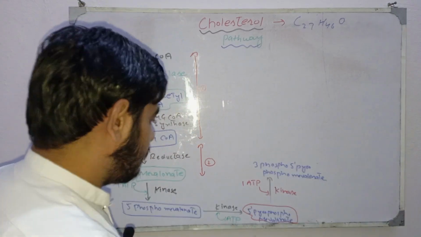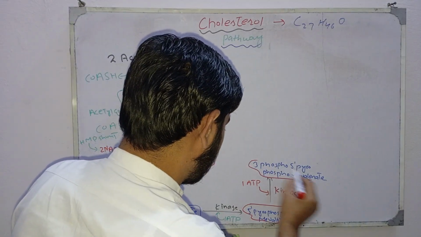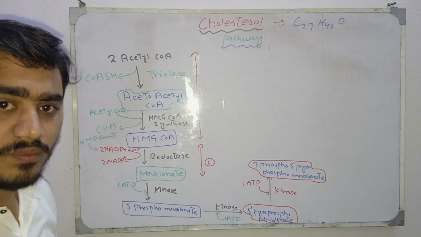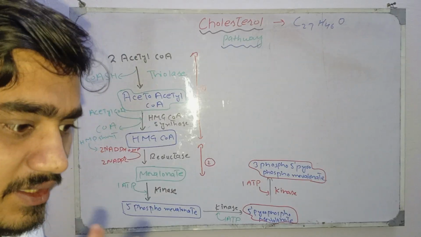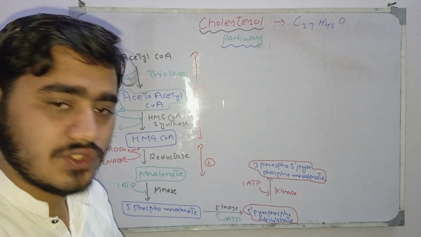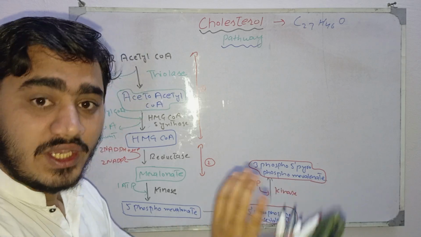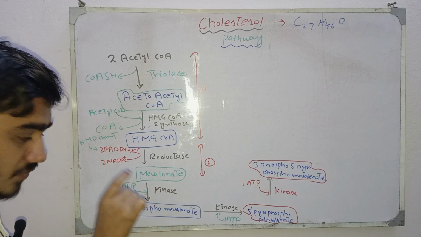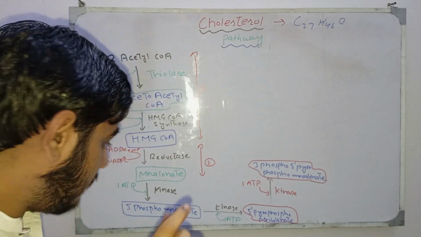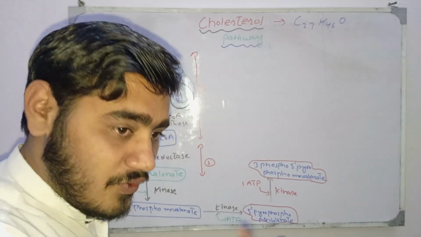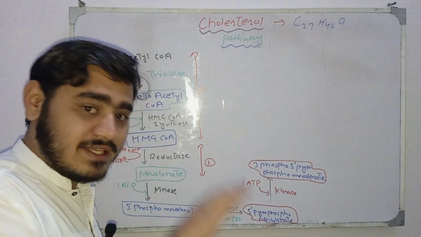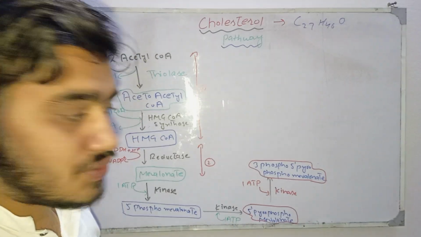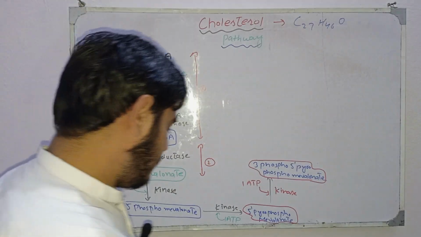So students, these three steps they are followed by kinase enzyme, and the important function of kinase is to add phosphate group in any substance. So in first reaction the phosphate group attaches to the fifth carbon. In next step phosphate group attaches to again fifth carbon, and third step the phosphate group attaches to the third carbon.